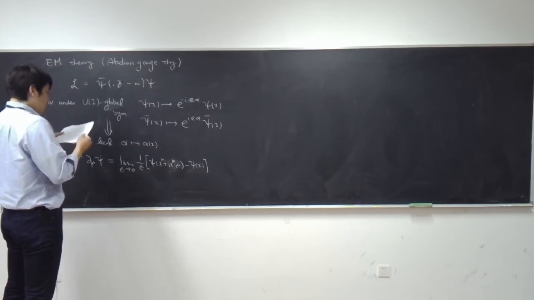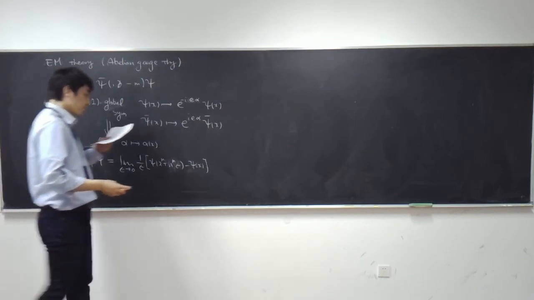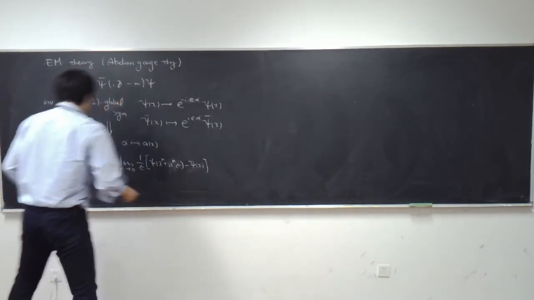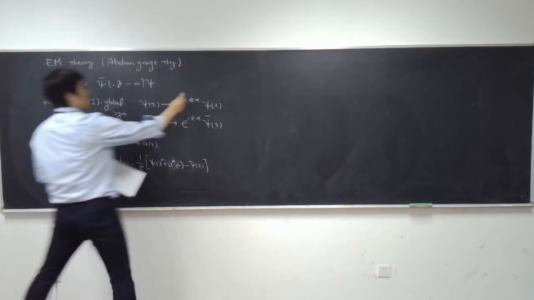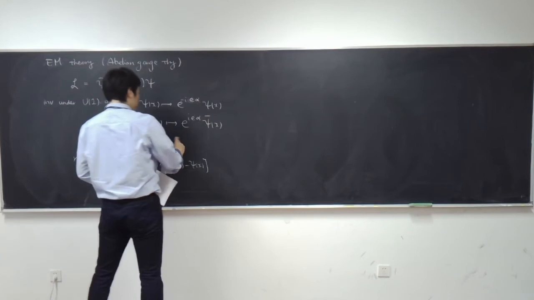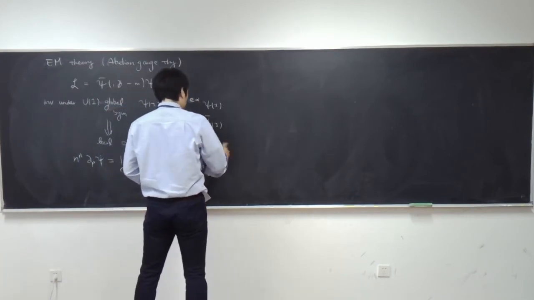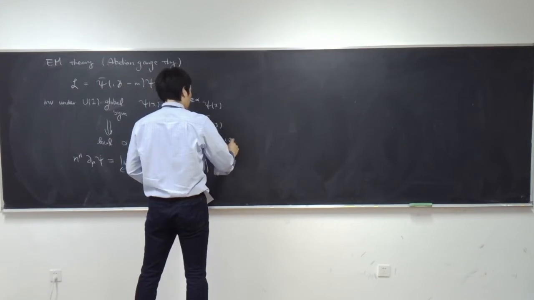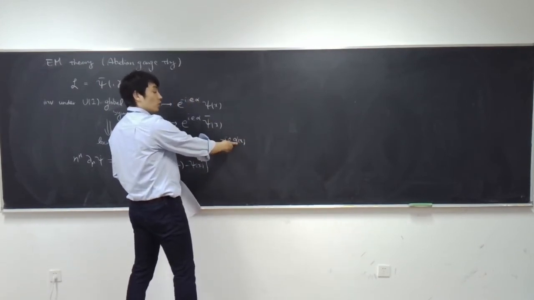So this is not a good object because, for instance, let psi of x be mapped to e to the minus i e alpha of x. This becomes a local U(1) symmetry.